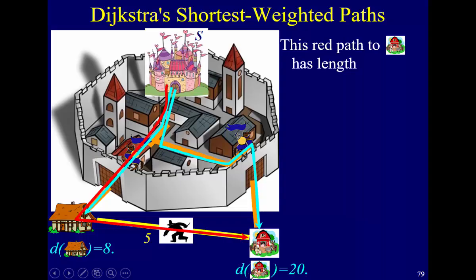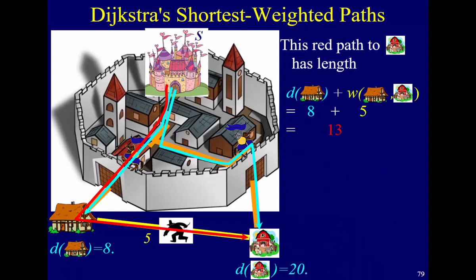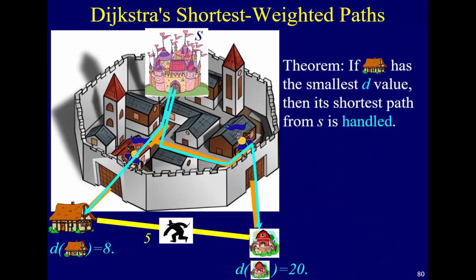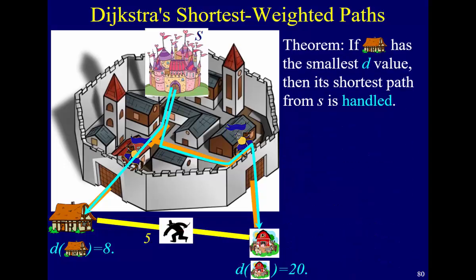We're storing 20. Why is that? Because this red path is not handled. We've never looked at this edge 5, so it's not included. That's just what I said. We can calculate its path. It's a better path, but it's unhandled and it's unguarded, so we don't consider it. All right, everybody good so far?